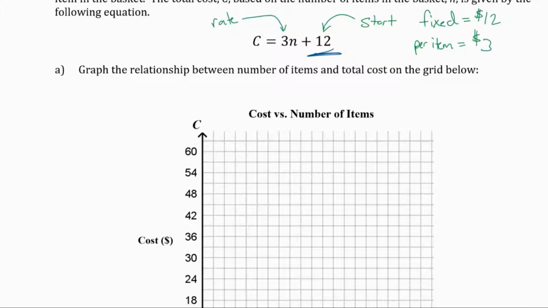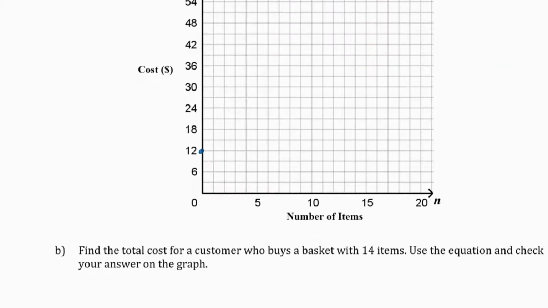But I don't know that I want to plot every single point. So remember we did 5 items, and 5 items at $3 each was $15, plus the 12 is, whoops, 27. So what I could do instead is go to 5 and go up to 27, and I can see that this is counting by threes.